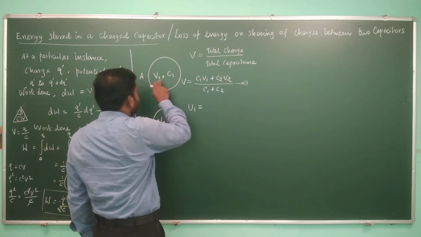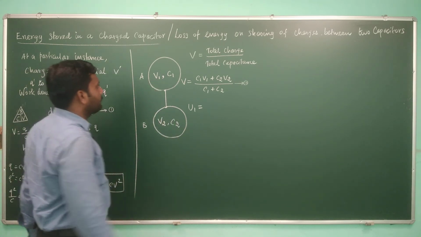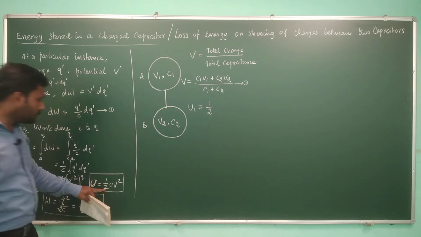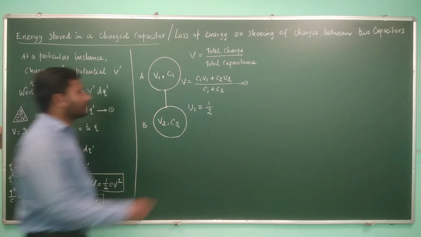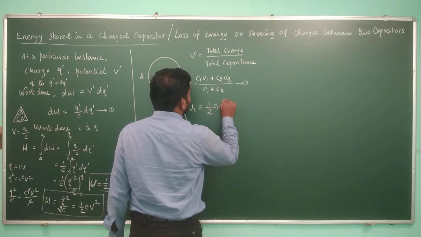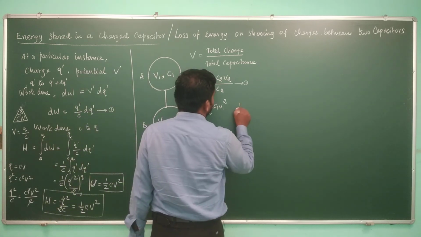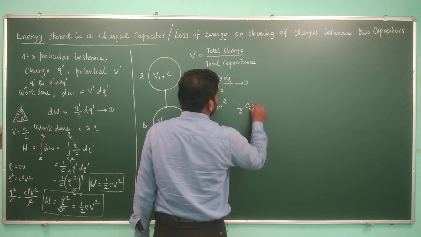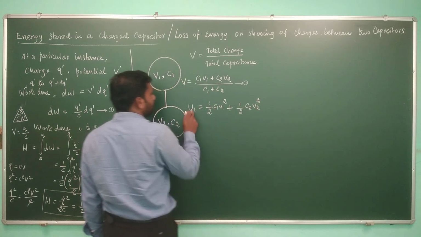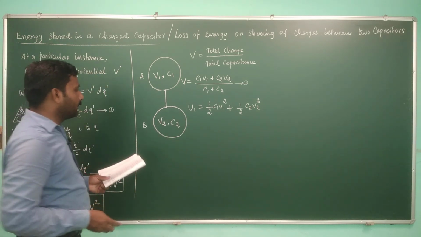The formula for potential energy is 1 by 2 CV square. So the potential energy of the first capacitor is 1 by 2 C1 V1 square, and of the second capacitor is 1 by 2 C2 V2 square. If you make the sum, you will get the potential energy before the two capacitors are in contact.